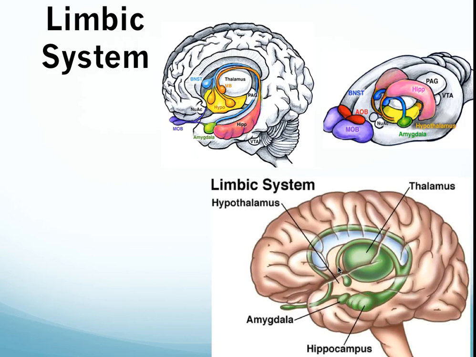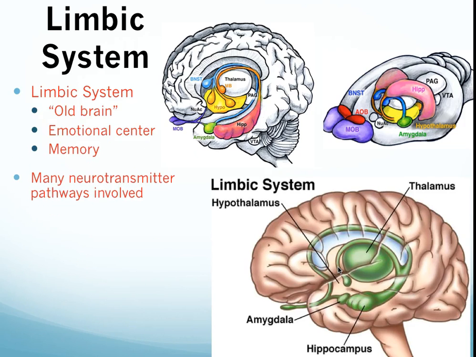And if we take a closer look at the limbic system, the more we look into it, the more we realize that not everybody really agrees on exactly which structures are in the limbic system, but what we do agree on is that it's sort of a quote-unquote old brain. And I say that because I always think expressions like this are sort of silly, but this one makes a little bit more sense.